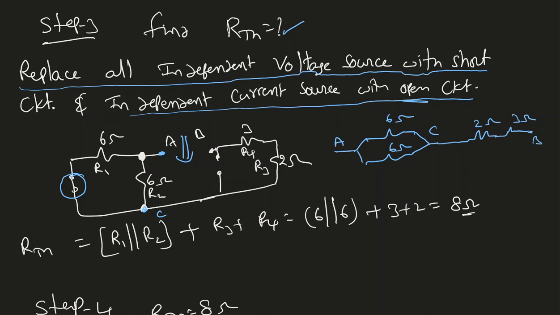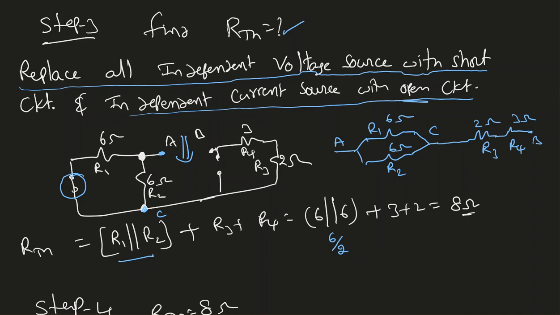So I label them as R1, R2, R3 and R4. R1 and R2 are in parallel, and then the parallel combination is in series with R3 and R4. 6 parallel with 6: usually this resistance value is 6 divided by 2. When two equal resistors are in parallel, the resultant resistance is the resistance value divided by the number of resistors in parallel.